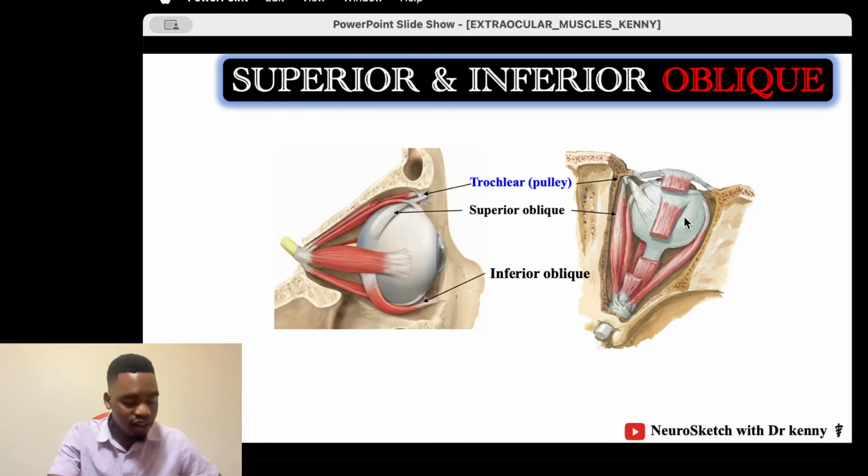the optical axis is somewhere here, going through the pupil and the fovea centralis, and the muscle inserts through an angle. For example, this is the superior oblique muscle. It inserts with a large angle, and that angle is what makes it oblique, because oblique means diagonal.